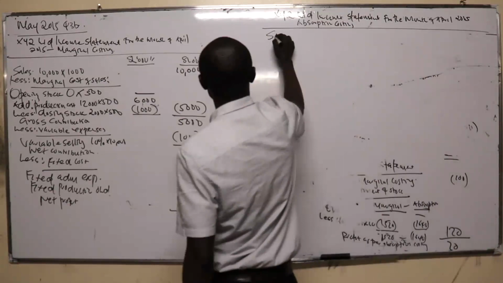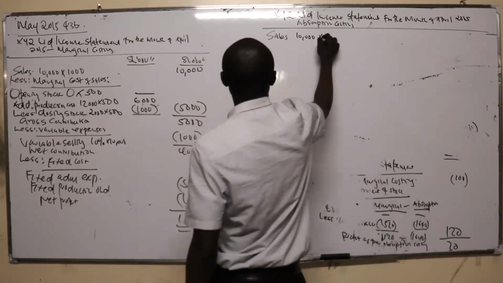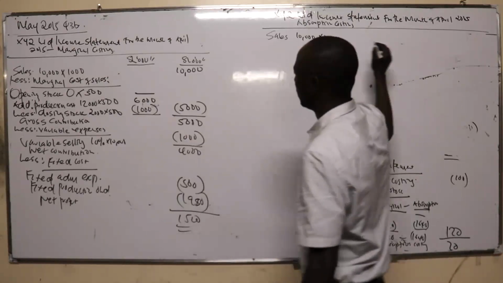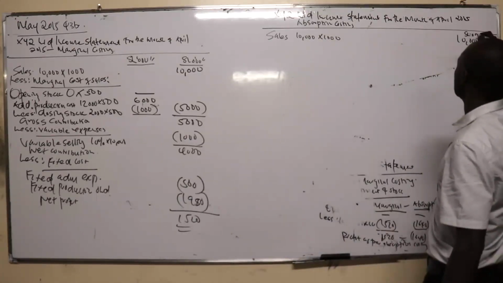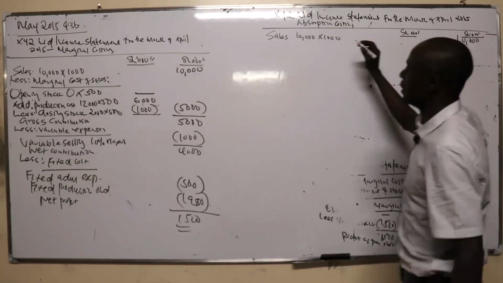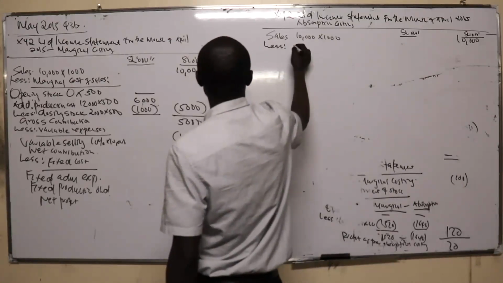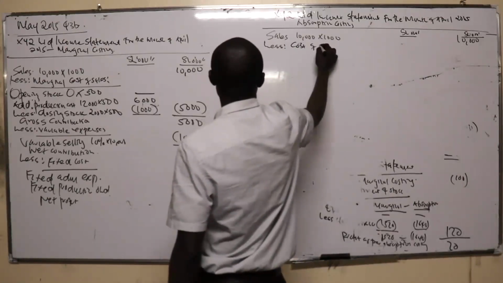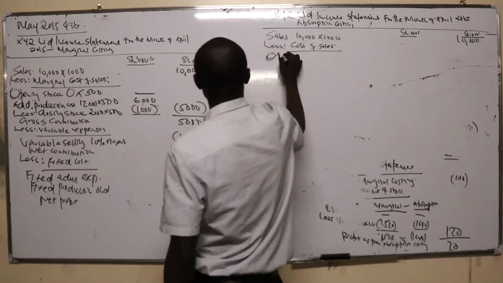So you write here the sales figure, which is 10,000 multiplied by 1,000. So this one will still give you 10,000 here, shillings in thousands. And then you less cost of sales. So you start with the opening stock.